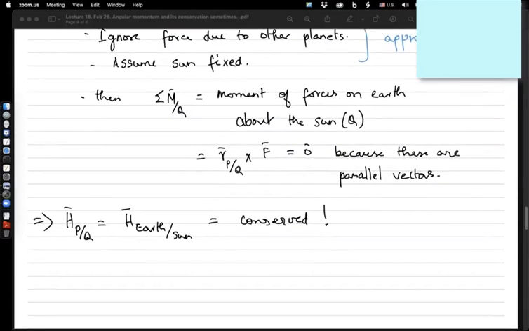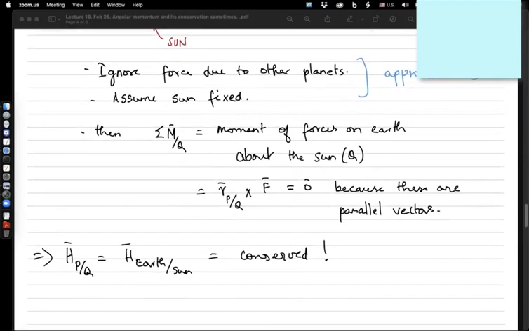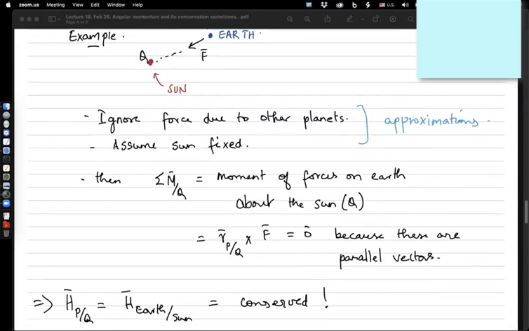So this is the famous principle for planetary motion. The angular momentum of a planet, in this case Earth, but it doesn't matter if it's Earth or some other planet, about the sun is conserved, subject to these approximations, right?